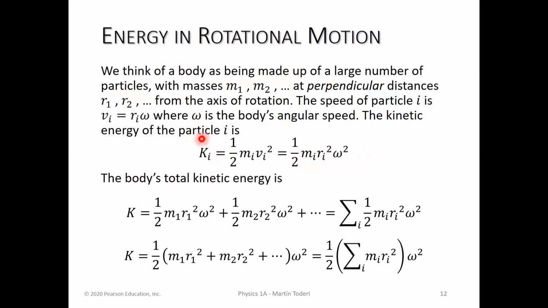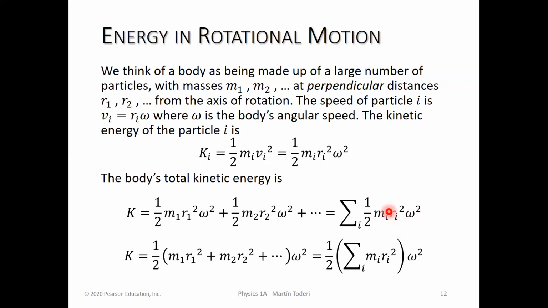So this is just for one particle, but our body has infinite particles. So the body's total kinetic energy would be equal to the sum of each of the kinetic energies of the particles. So that will give us this expression, a sum over i for each particle of 1/2 m r squared omega squared.